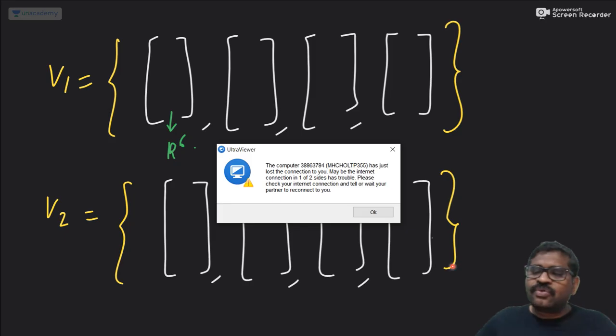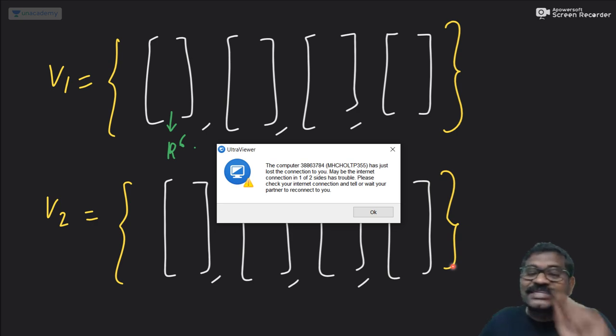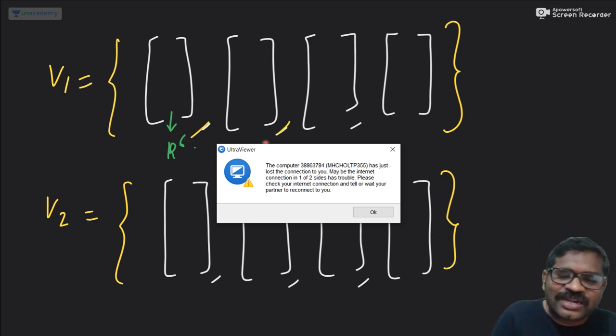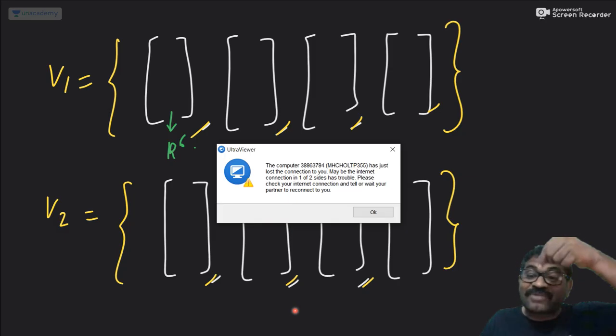Dimension of V1 is 4, which means V1 consists of four vectors: 1, 2, 3, 4. V2 also consists of four vectors. But the dimension of the vector is 6.